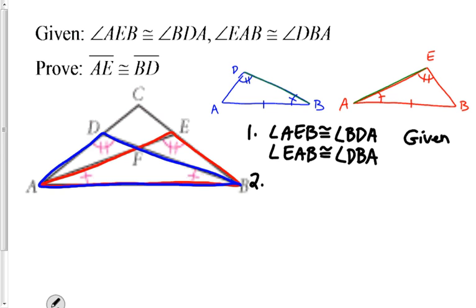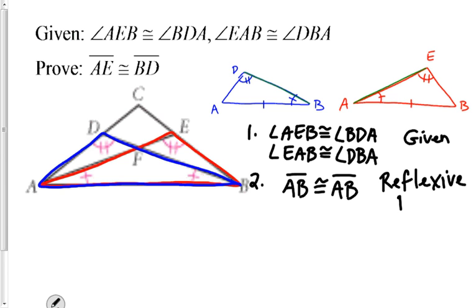Step 2, AB is congruent to AB. This is the reflexive property of congruence. Remember, the reflexive property says that anything is congruent to itself.